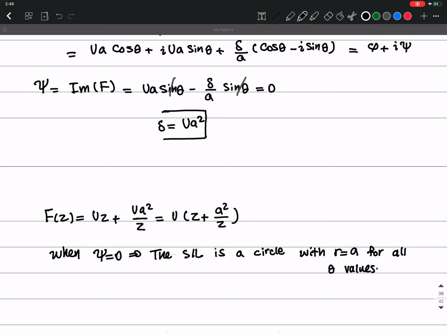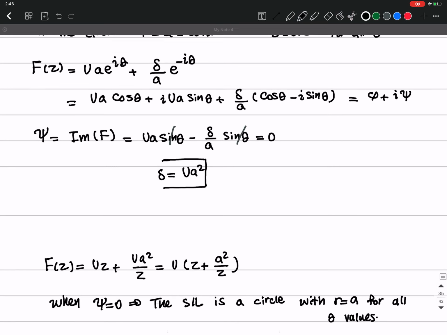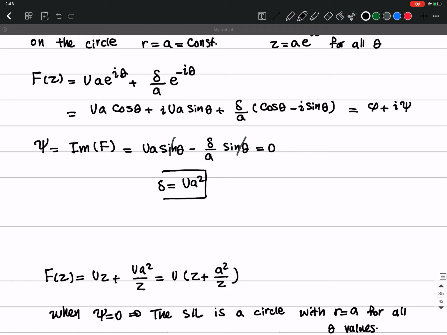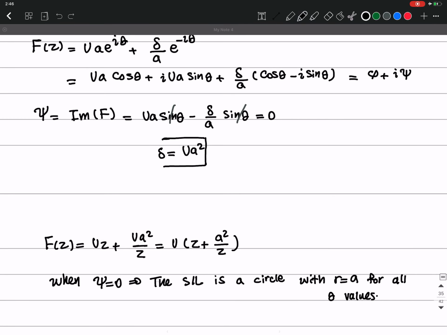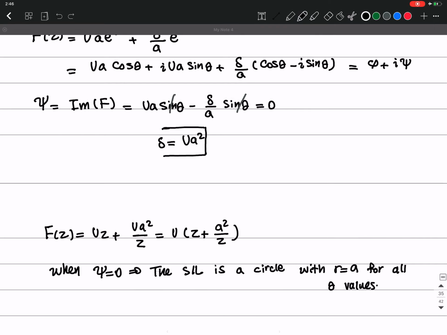Okay, when psi is 0, you can simply check it here. This will be valid for any theta. R should be equal to a. And you can simply check it if you don't believe.